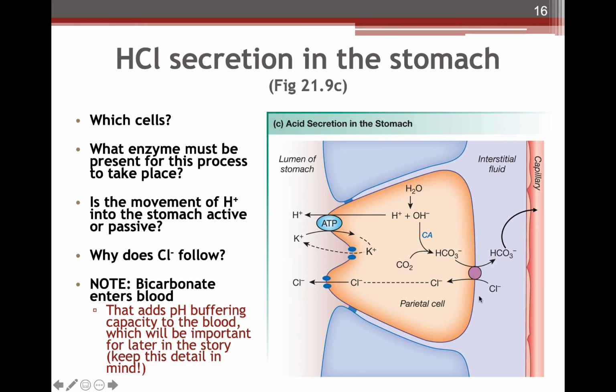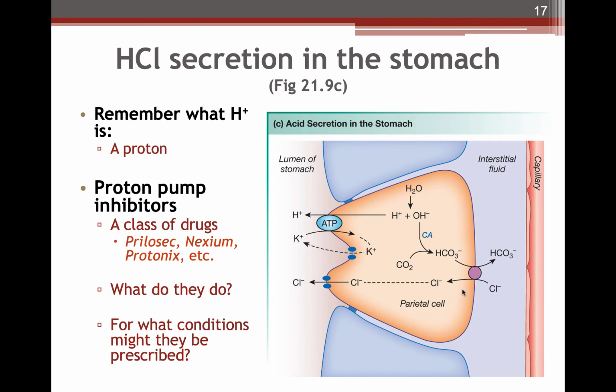So these are doing secondary active transport. And that bicarbonate will join the blood, and that's what I'm talking about over here. Bicarbonate enters the blood, and that adds pH buffering capacity to the blood, which will be important later on in the story. So remember that bicarbonate was added to the blood to work as a pH buffer at this point.